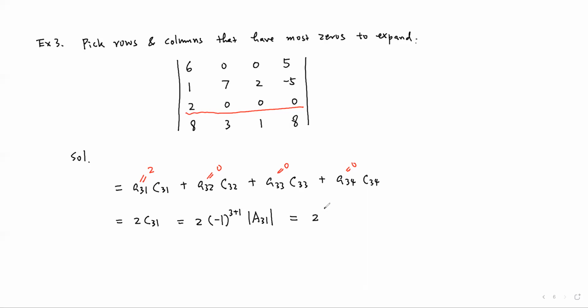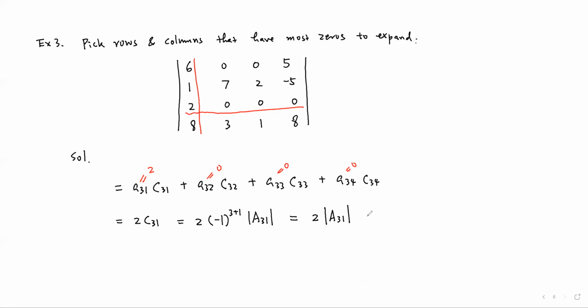So 2 times A31. Now let me determine capital A31. In the original determinant, delete row 3 and delete column 1.